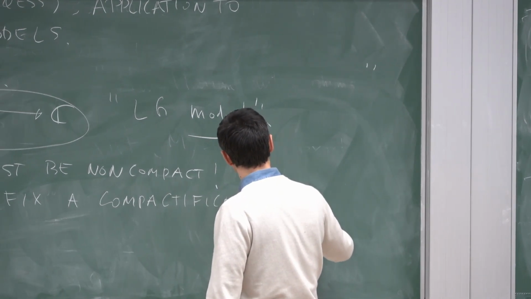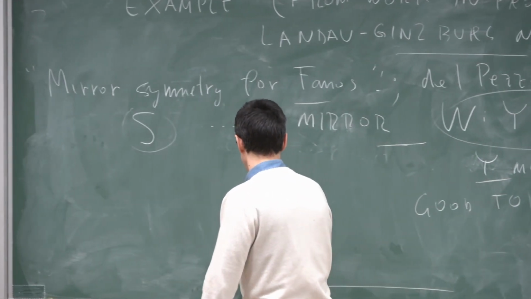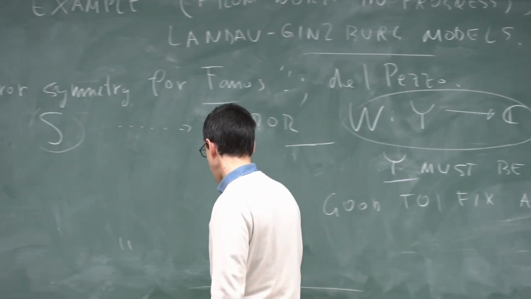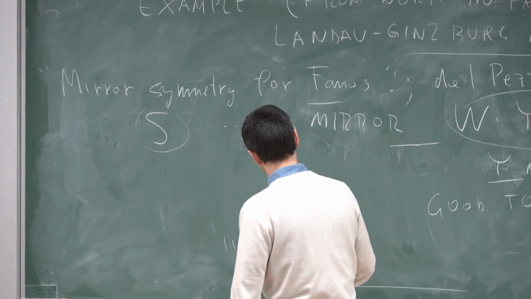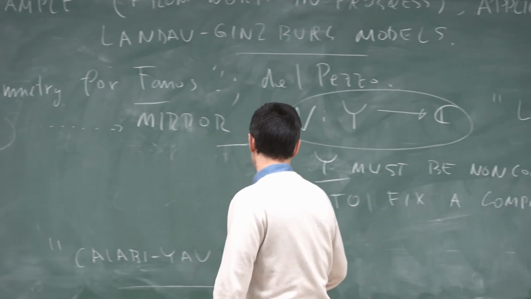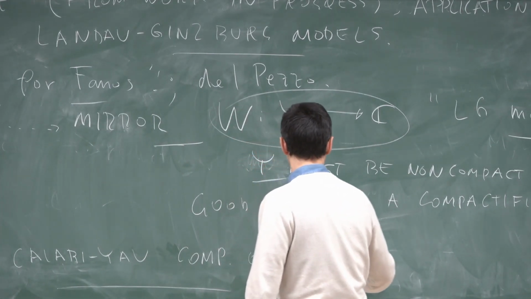So now, for the sake of this simple example, the slogan is that what we need to do is to take what I think the correct words to say are a Calabi-Yau compactification of a toric LG model.